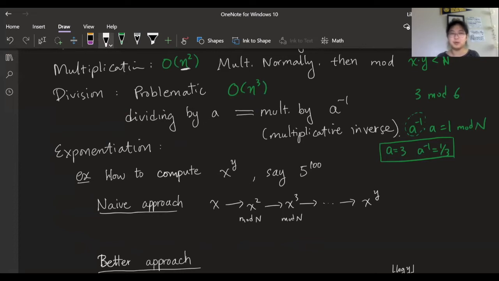But remember, we want our runtime to be in terms of the length of numbers. So what if I said n is the length of y? Then the number of operations is going to be 2 to the n, because the length of y, n, is going to be log base 2 of y.